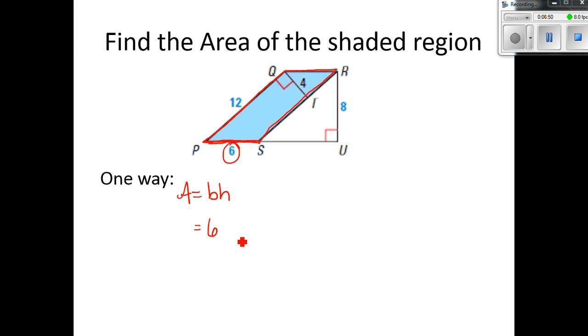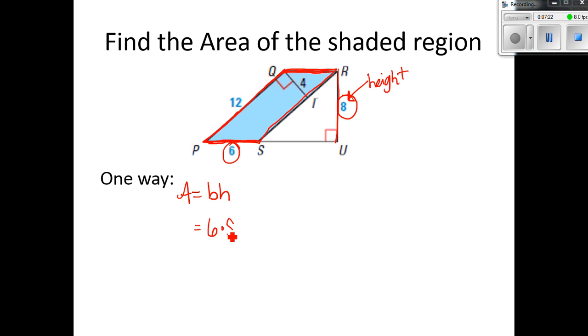This is where you have to be really careful and not say it's 12, because the height of this parallelogram is not 12. A height is an altitude that drops down to make a 90-degree angle. So the height, to get from this 12 to this part here, is actually 8.